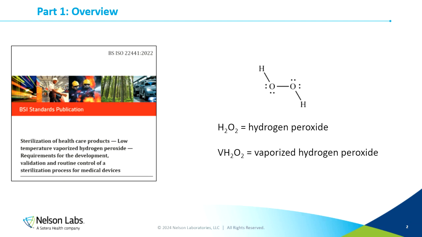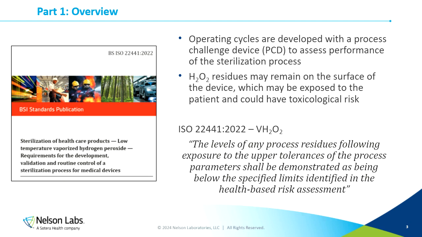The standard that governs vaporized hydrogen peroxide sterilization is a fairly new standard. It was published in 2022, and it's the ISO 22441 standard. Now, a lot of aspects of the standard have to do with the actual sterilization parameters. So, for example, selecting a process challenge device, making sure that your sterilization process is actually effective.